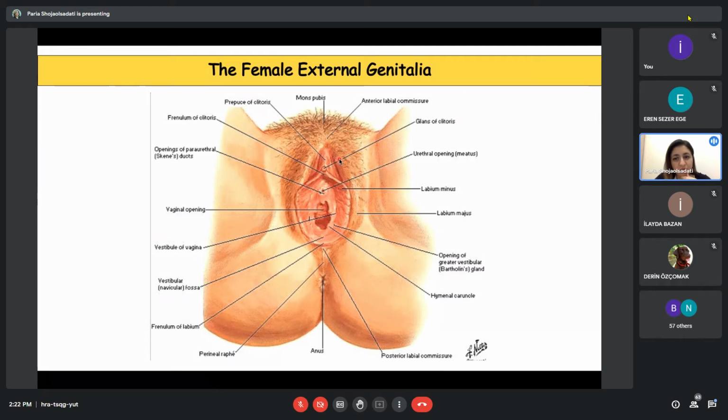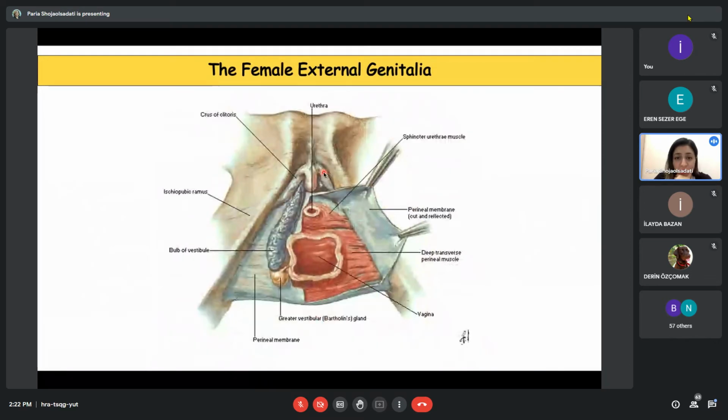On the left and the right side we have a pair of these organs, and inside this structure you can see the location of the clitoris.